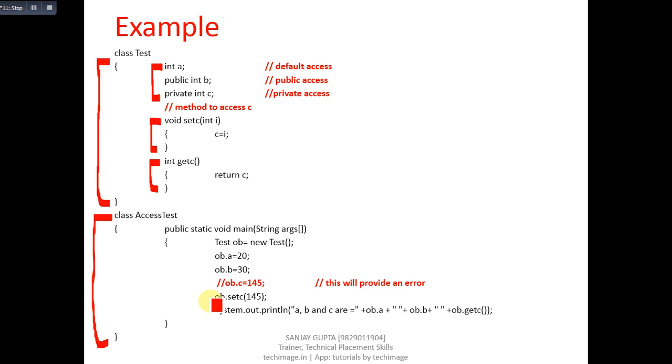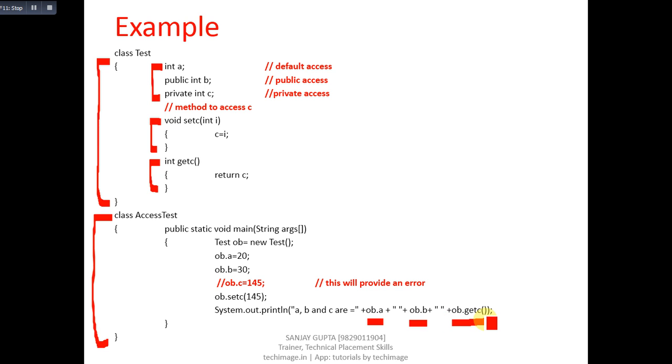But to access c, the getC method should be used because c is private, so you can access it with the help of a method. So friends, this is a simple example to understand the use of default access, public access and private access. For protected access, you have to watch my videos based on inheritance.